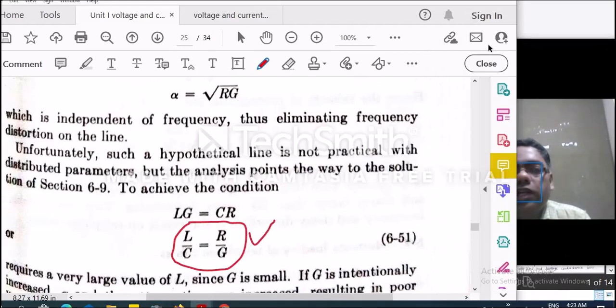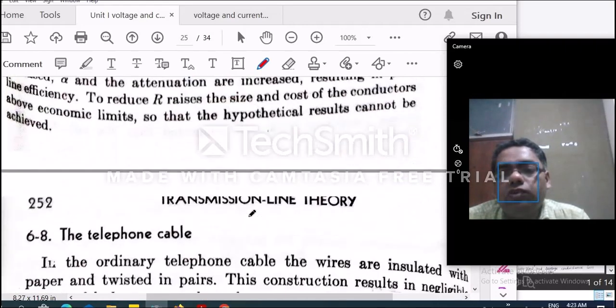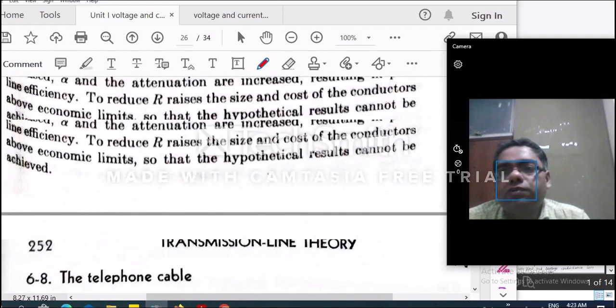That means the condition we got for delay distortion is the same as for frequency distortion. Thus, in order to have a distortionless line, we should always have the condition R by G equal to L by C. Then only it is possible.